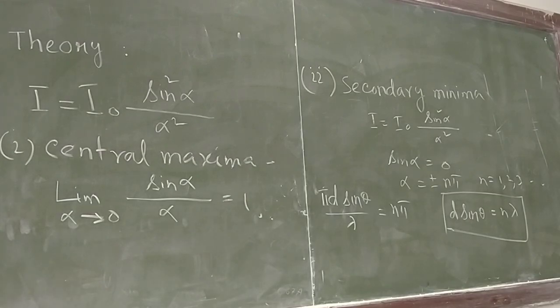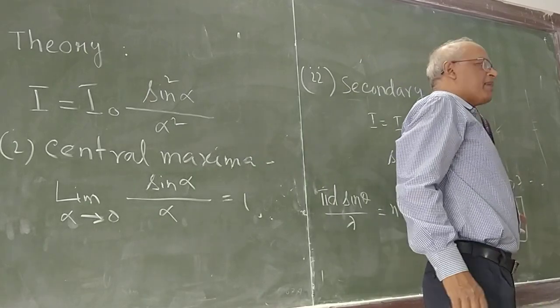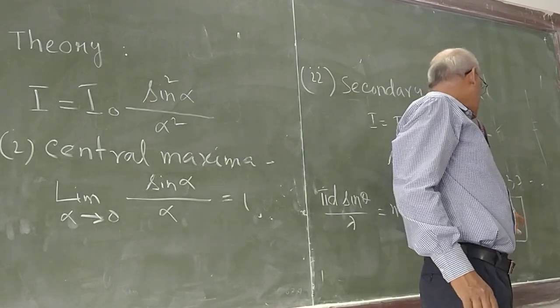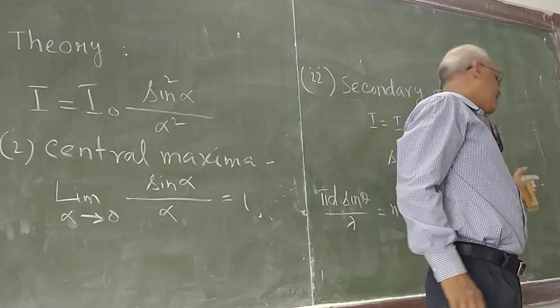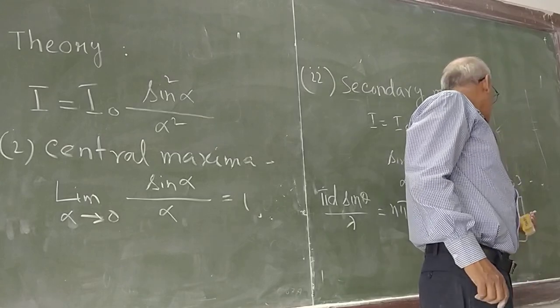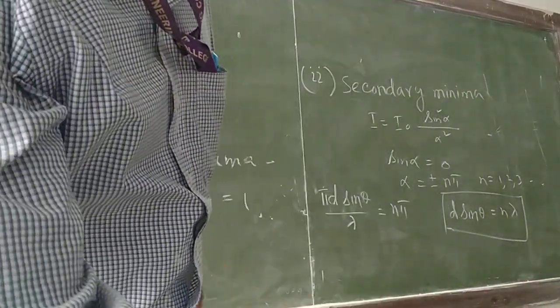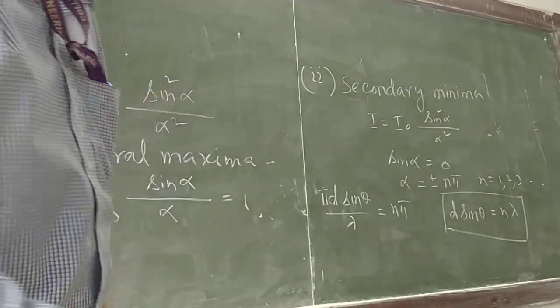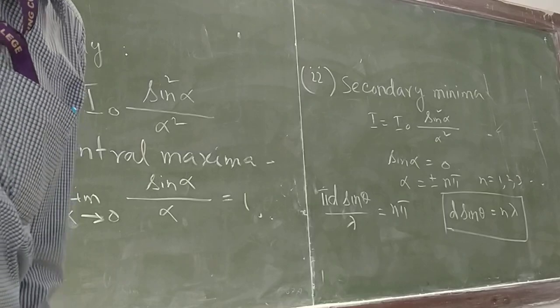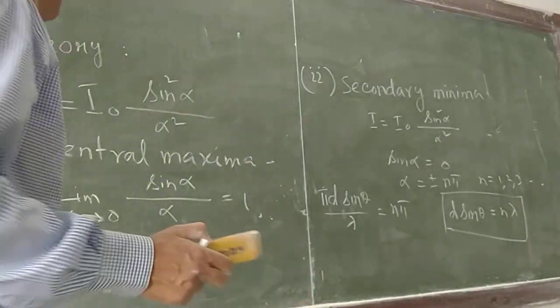This is the condition where you get minima. For n is equal to 1, sin theta is equal to lambda by d. For n is equal to 2, sin theta is equal to 2 lambda by d. So this part is clear.